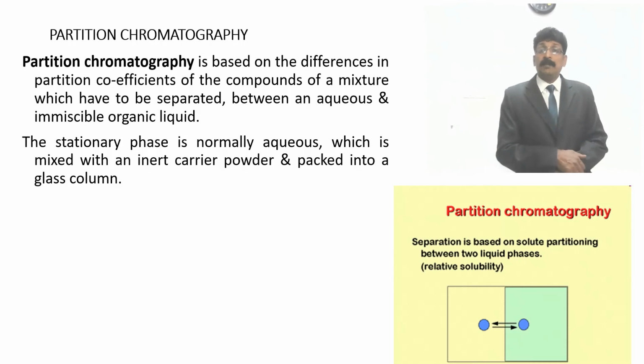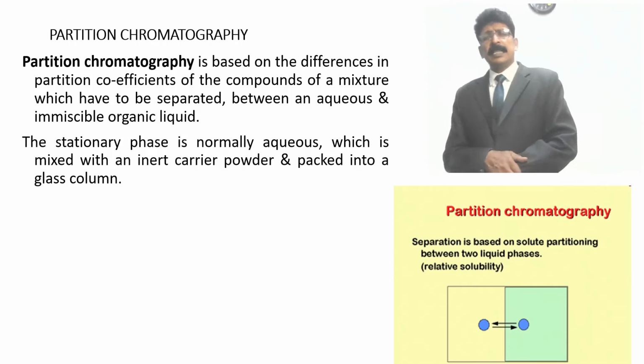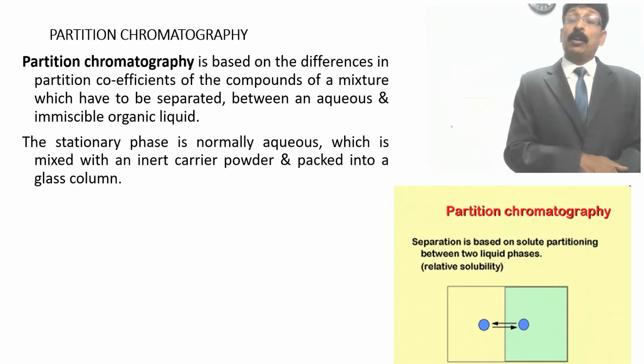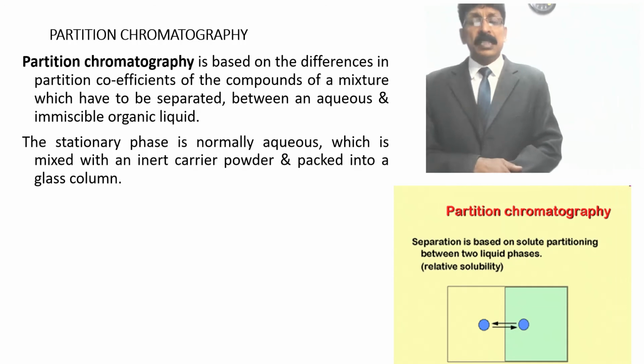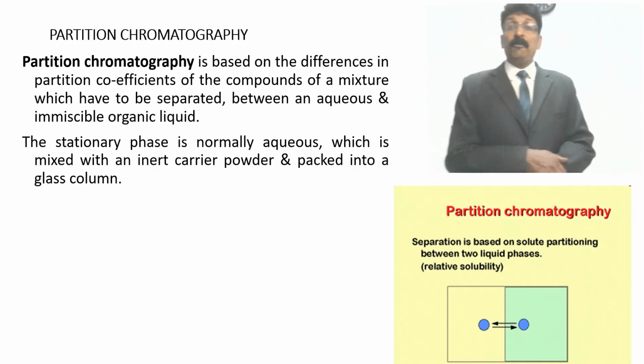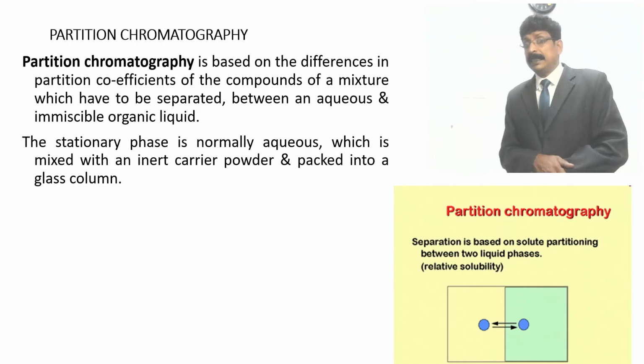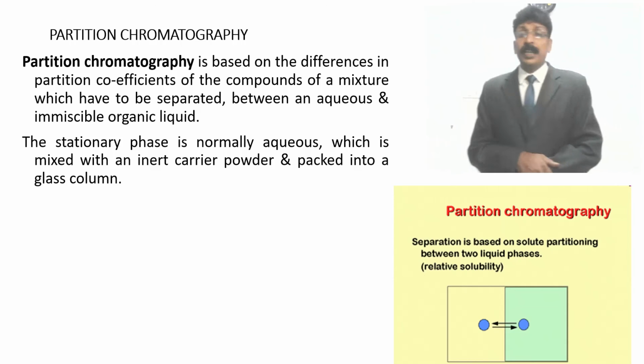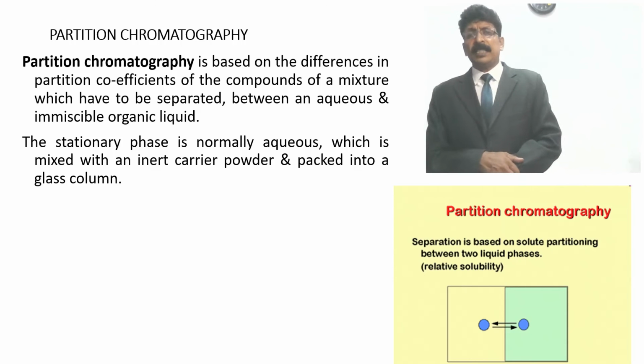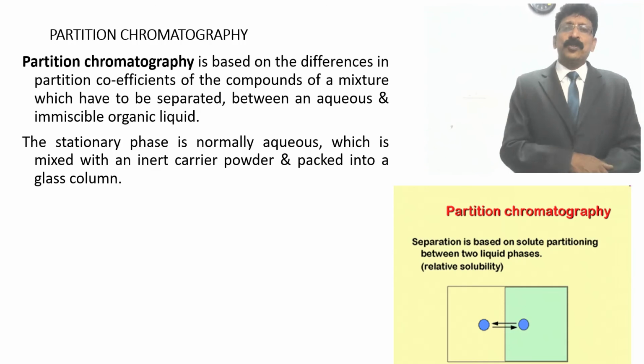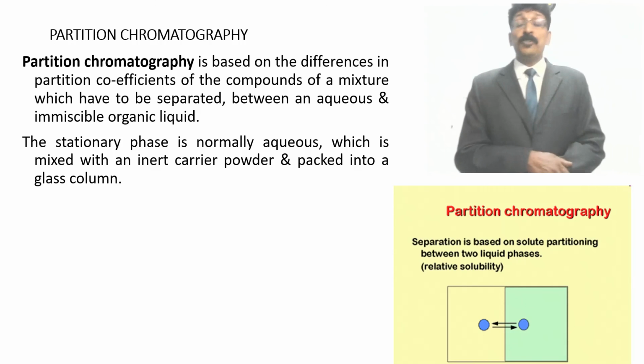One can be an organic solvent as the stationary phase and the mobile phase an aqueous one, or aqueous may be the stationary phase and organic the mobile phase. The polarities can be easily changed, and we can have various types of stationary and mobile phases for our separation technique using partition chromatography.